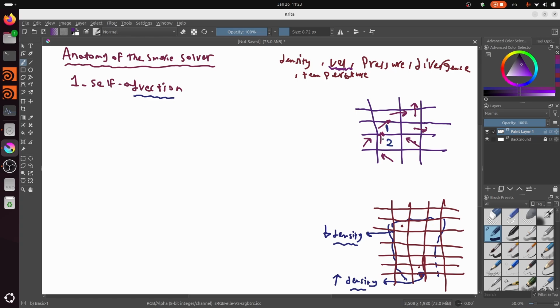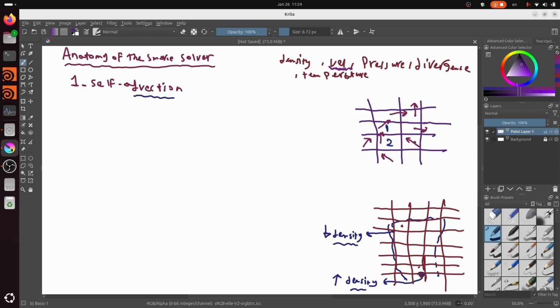the advection is just this movement, the movement of the values or the smoke according to our velocity field. So here we have a density of 2, and we want to move the density. We said that our smoke is just this density field.